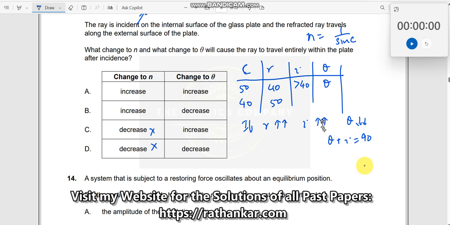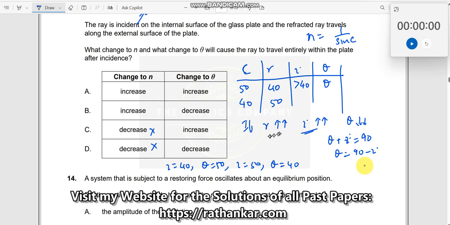Theta plus I equals 90, which means theta should be equal to 90 minus I. If I make I equal to 40, I get theta equal to 50. If I say I is increased, according to my logic, if I put I equal to 50, what will happen to theta? Theta should be 40.